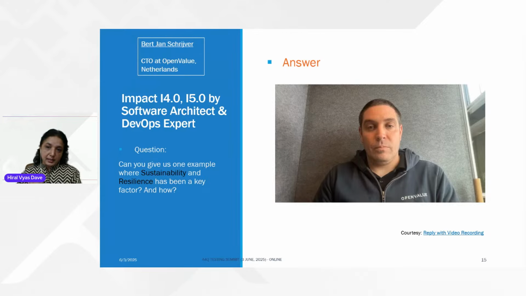In the same way, I asked someone from a very pure software background, a DevOps expert, where he sees sustainability and resilience if Industry 5.0 comes up. He gave a very good example. In the interest of time, I might not play the video, but what he mentioned is that he was developing a mobile application for a conference, and he had to decide which kind of architecture to go for.